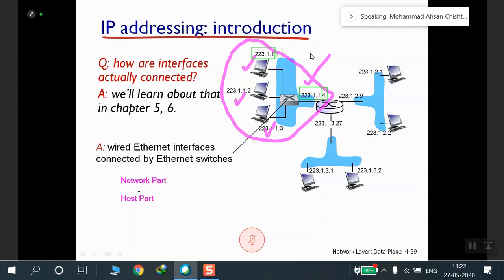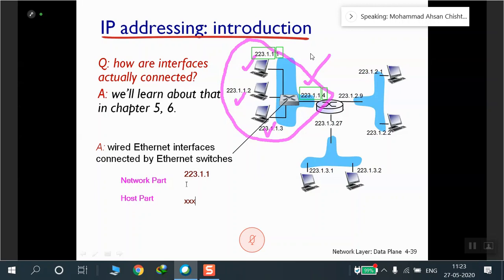In this example, it is 223.1.1.xxx. The part 223.1.1 is the network part, and the remaining decimal, which I have denoted by XXX, denotes the host part.